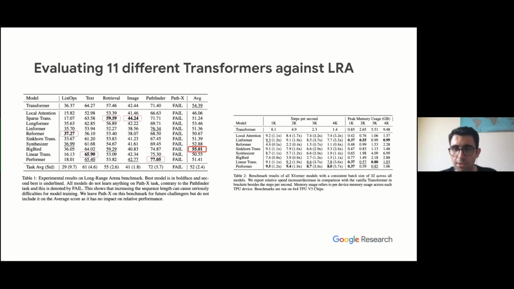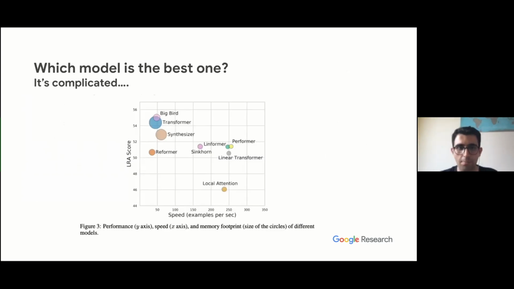Back to the speed or computational cost and memory cost, we plotted all these models in this plot where the x-axis is speed, and the y-axis is the LRA score, the quality of the model compressed into one single number, which again is not a good idea.